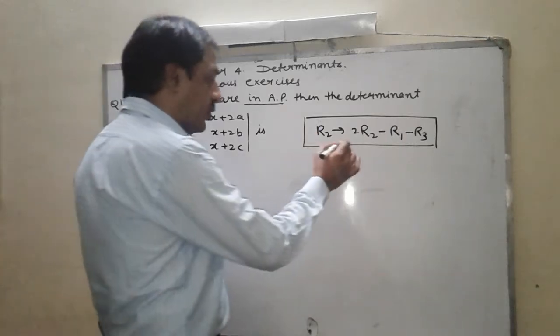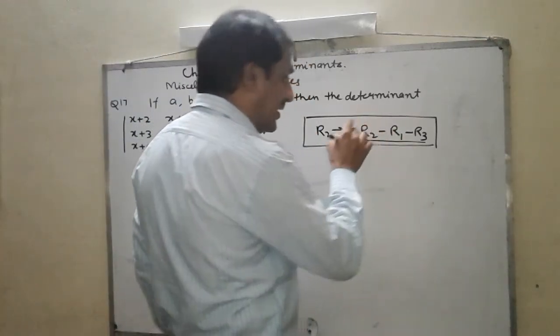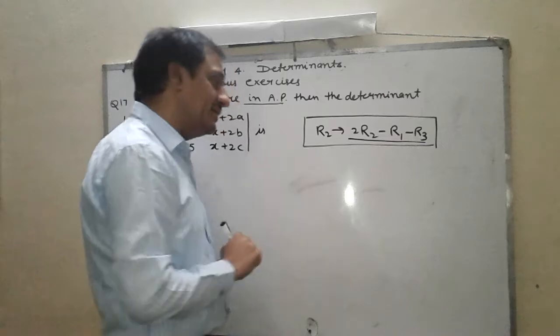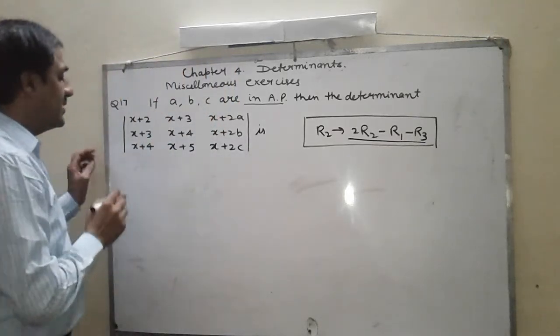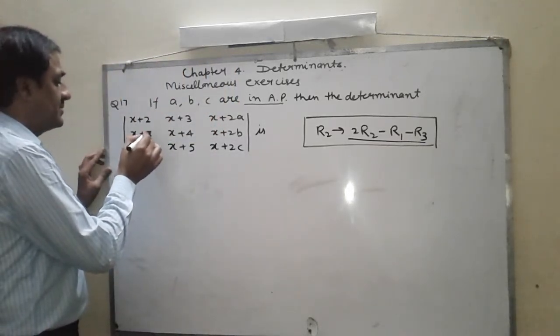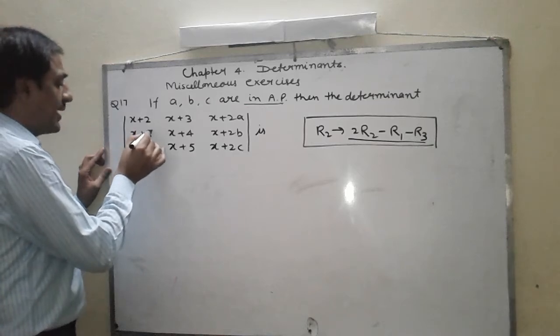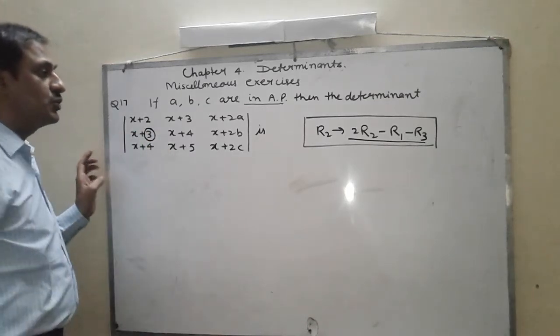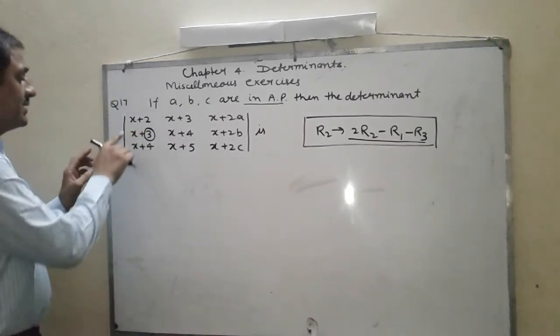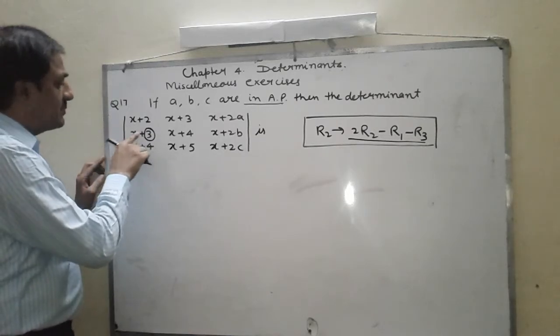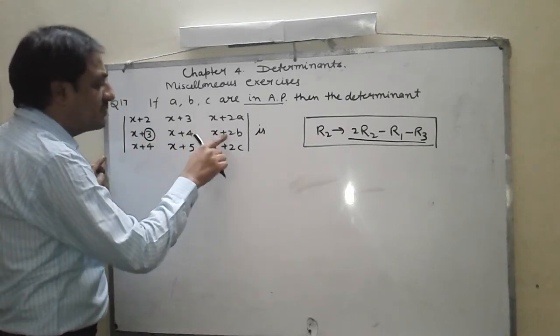Why are we using this type of property, 2 times R2 minus R1 minus R3? Because you can observe that the elements of the second row are 3, x plus 3, x plus 4 and x plus 2b.